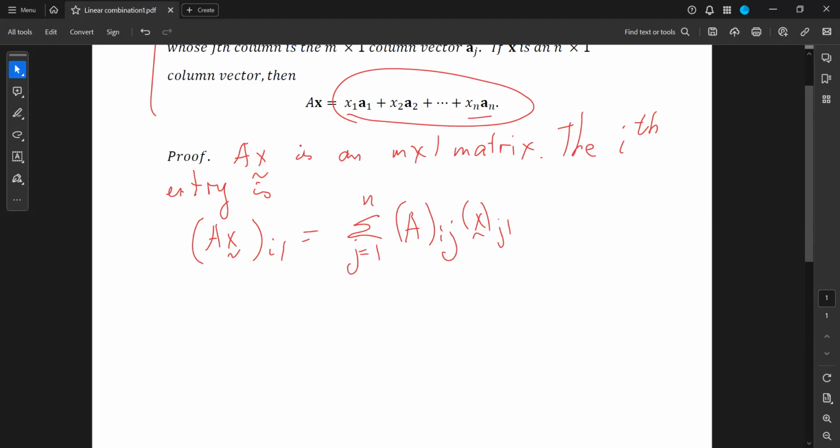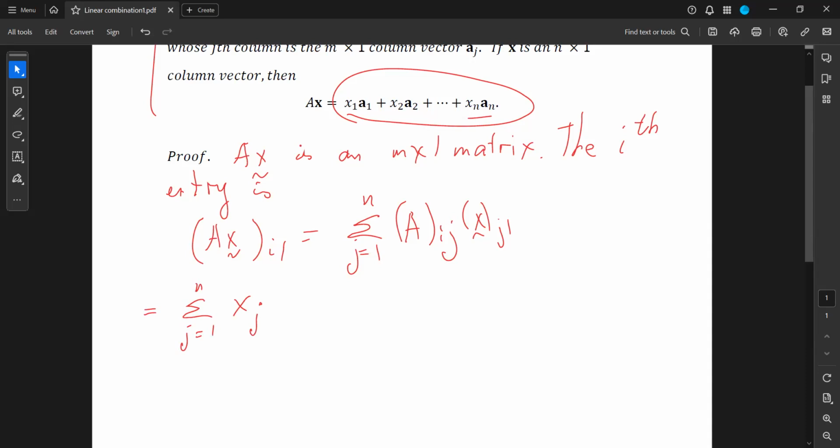and the column vector index is always 1. I can write the explicit expression of these things because I know what they are. The j-th entry of the vector x is just a number. And what is the entry Aij of the matrix A?